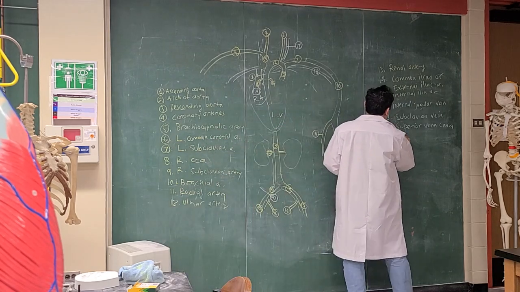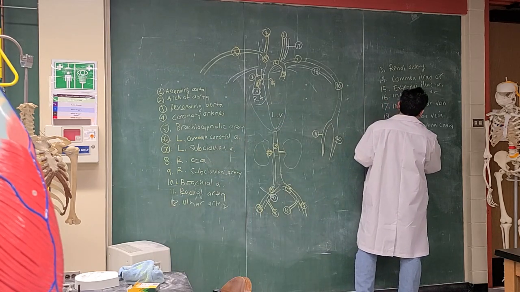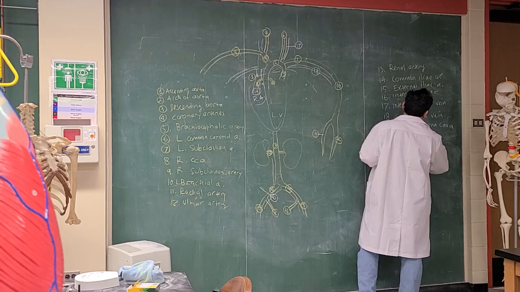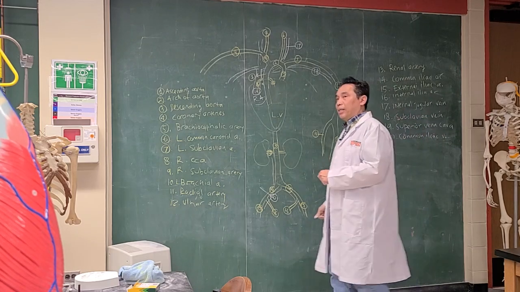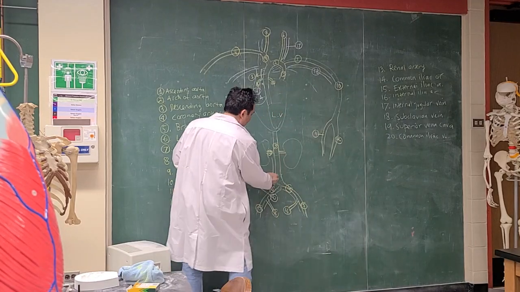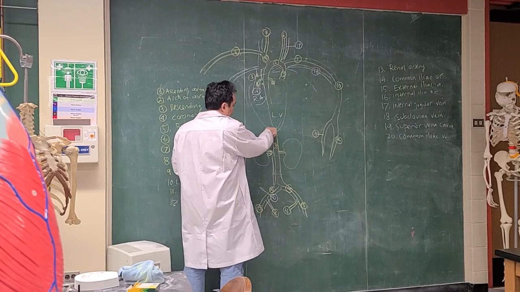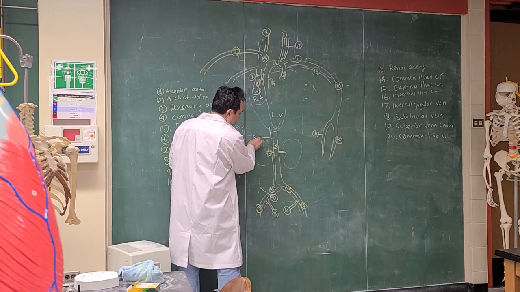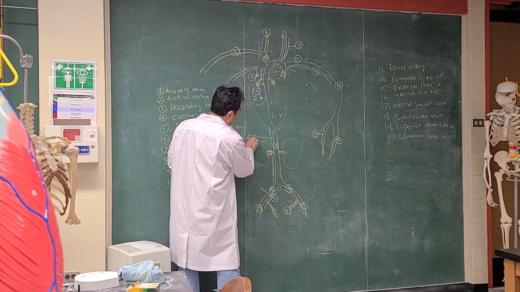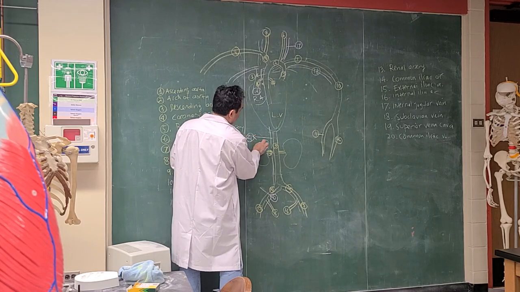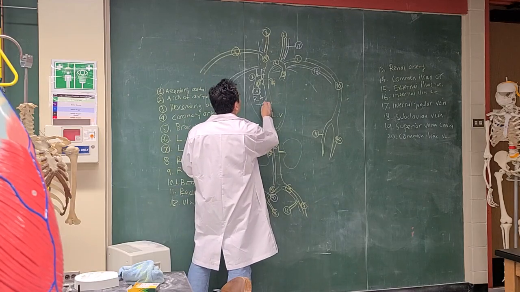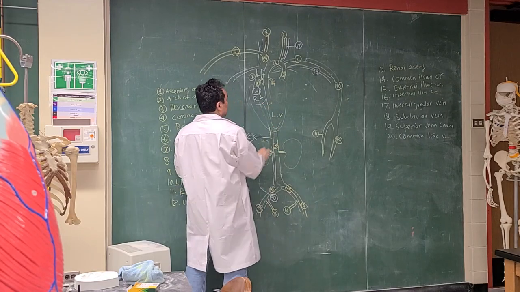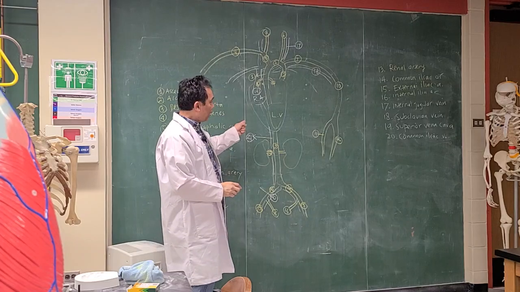So number 20 is common iliac vein. Left and right, it's going to be combined into this number 21. Number 21 also will drain into the right atrium.